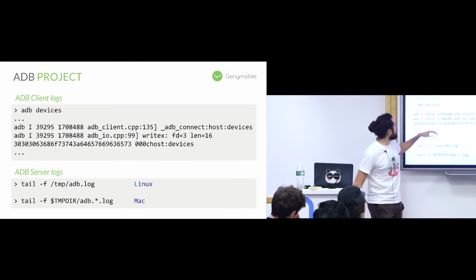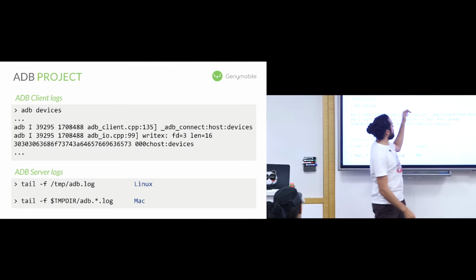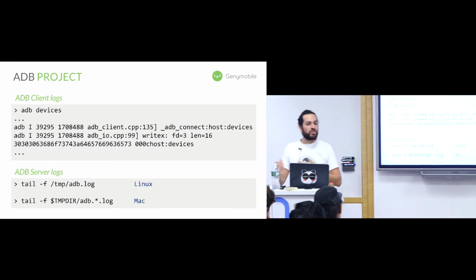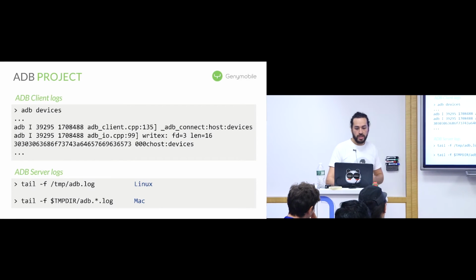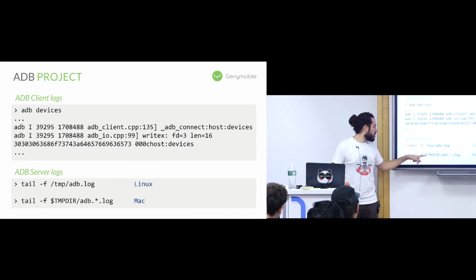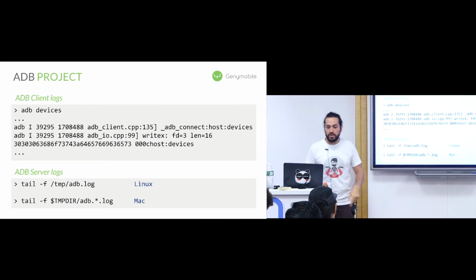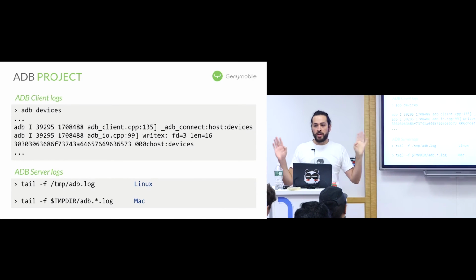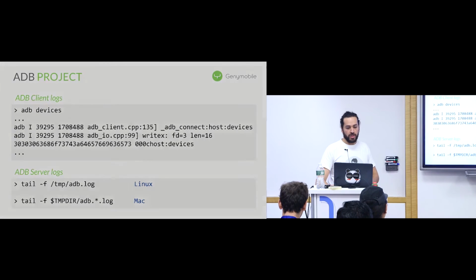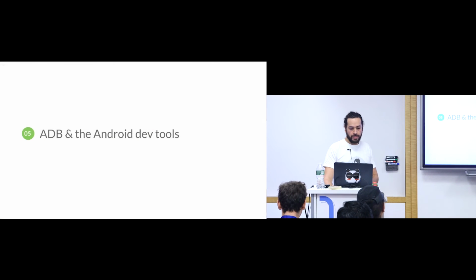For example, when you type adb devices, you see host:devices being sent to the server. So you can have more information about the messages that are passed. The same goes for the ADB server: you have a log file on Linux and on the Mac, and there is another one on Windows, but I let you find it, giving a lot of information about what the server is doing.